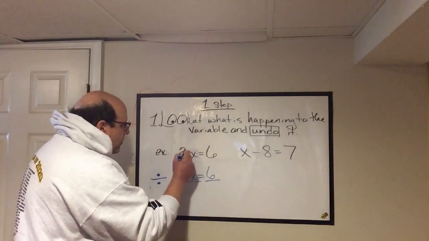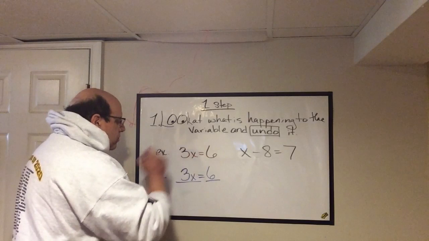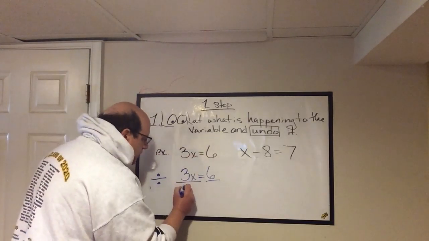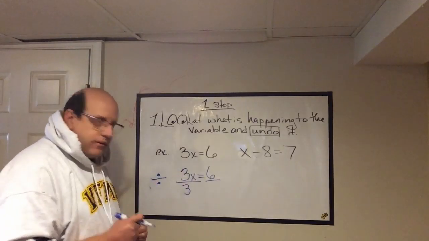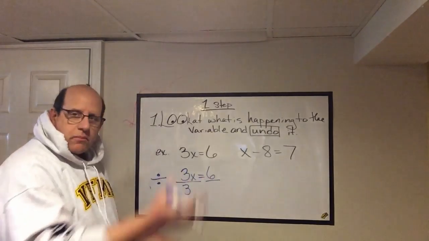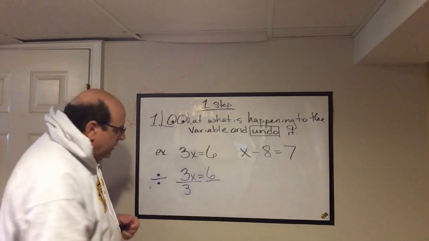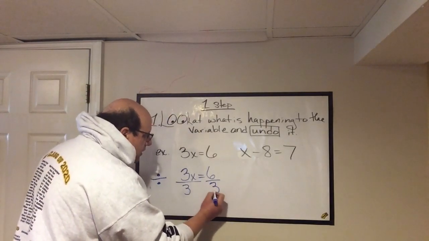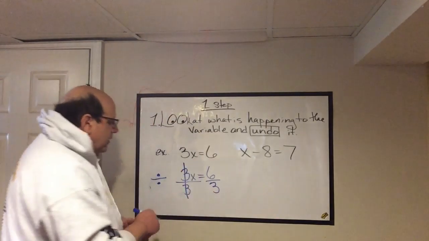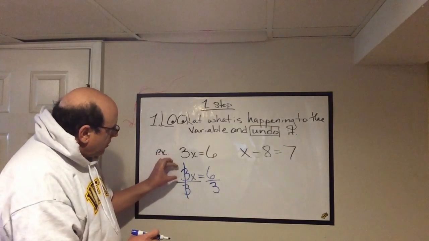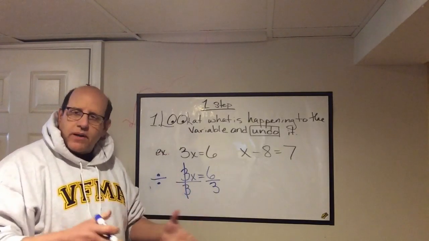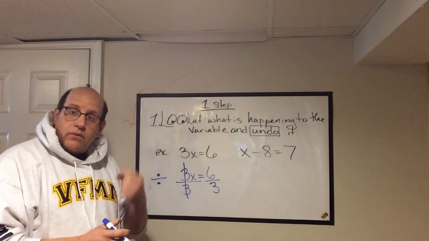All right, so if x is being multiplied by 3, I just simply divide by 3. But if I divide by 3 over here, I have to do it over here, or else my scale is going to be out of whack. So I do the same thing over there. I like to put that 1 right there because it shows me that 3 divided by 3, any number divided by itself, is 1, right?